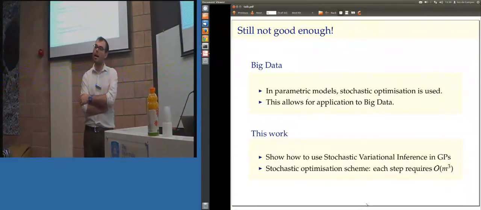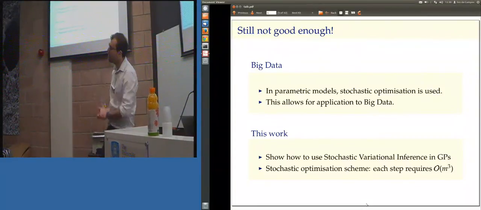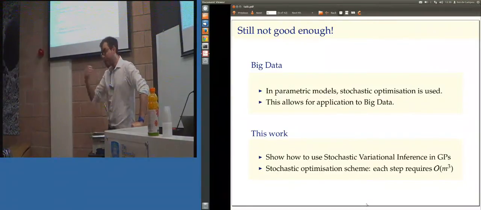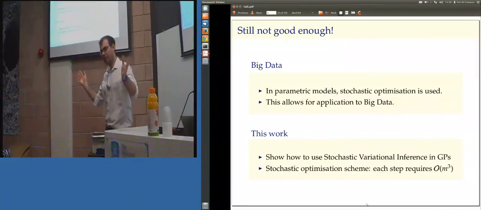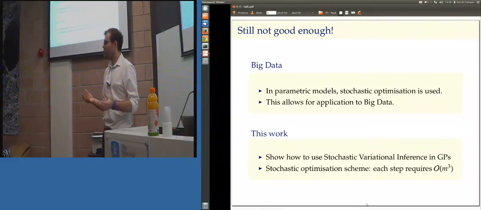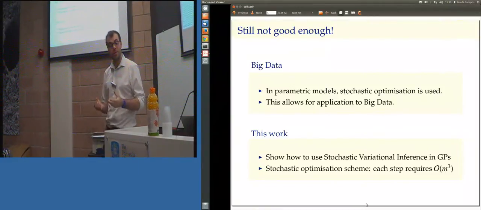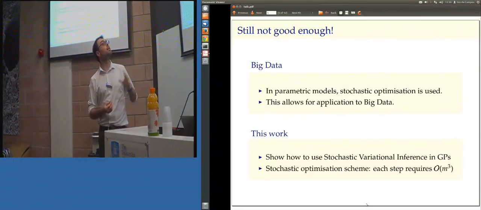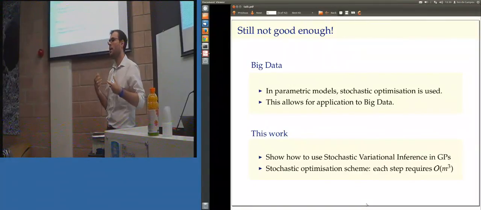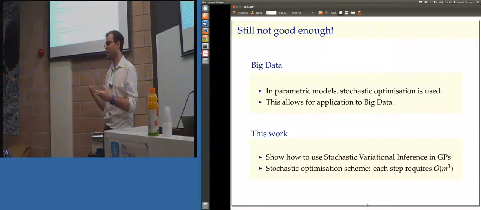Well, in other parts of machine learning, they have parametric models, and they do maximum likelihood estimation in these models with lots of different fancy names that I don't entirely understand, but I'm reliably informed that it is maximum likelihood estimation via the Robbins-Monro algorithm. And what they do is they take their parameter vector they're trying to optimize, and they've realized that the objective function, the log likelihood that they're trying to optimize, actually can be written as a sum of functions of the data points.